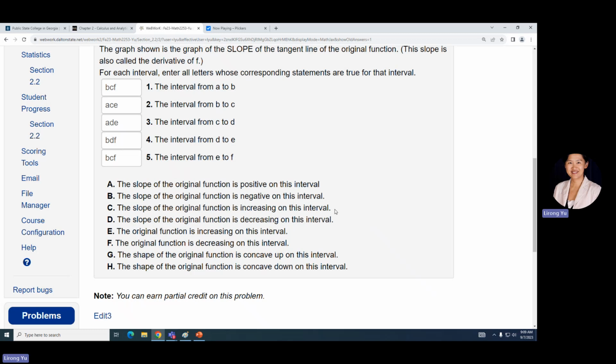So whenever you see a C, you write a G. Whenever you see a D, you write an H. So C with G. The one that has a C, we write down G. This one has a C, so we write a G. Anyone else that has a C, write a G. Now D indicates the derivative is negative, the derivative decreasing, and therefore that's concave down.